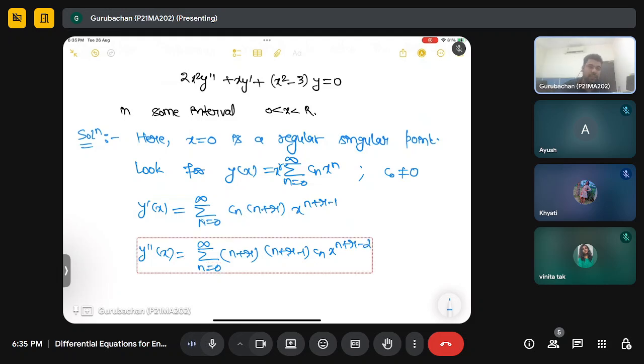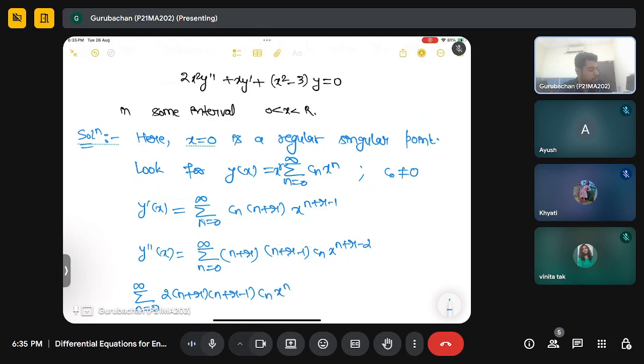And if you put these values into the given differential equation, you will get summation n equals 0 to infinity 2 times (n plus r)(n plus r minus 1) c_n x to the power n plus r. Since x square was there, it will become n plus r, plus summation n equals 0 to infinity (n plus r) c_n x to the power n plus r.